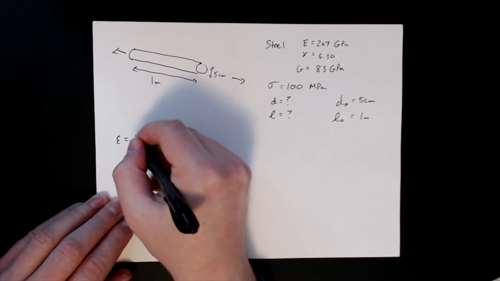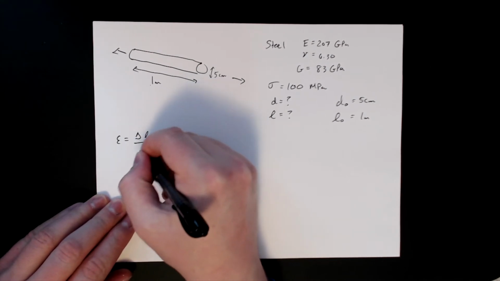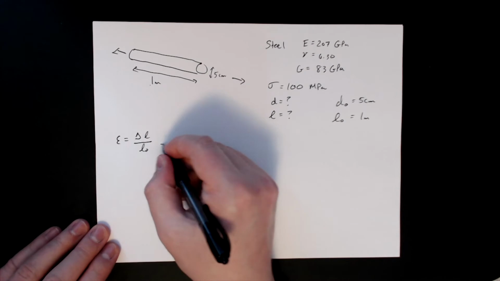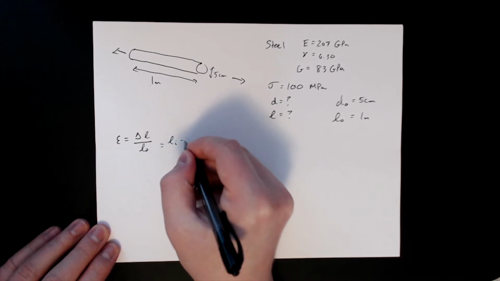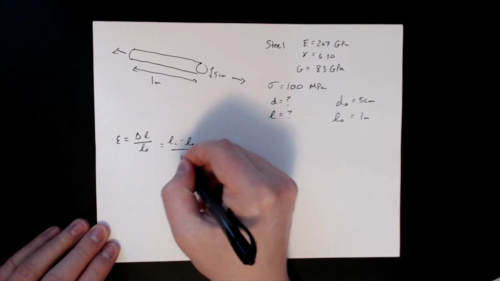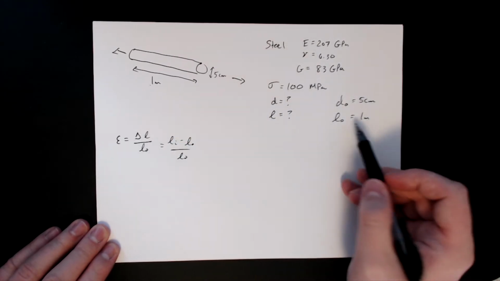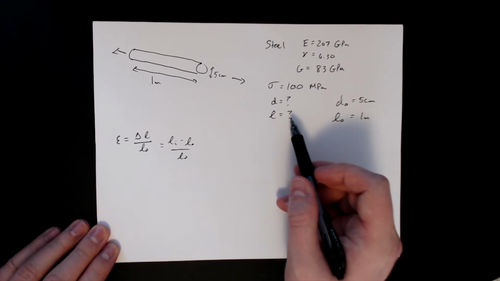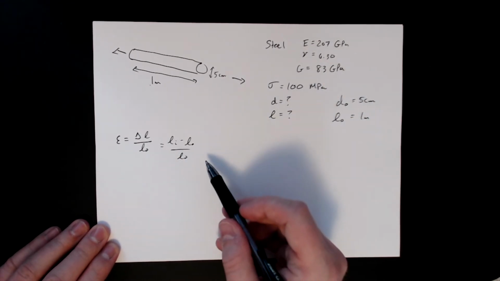Strain is equal to the change in length over the initial length. And so we can get our instantaneous length because that's what we have here, right? So we can get this, and that's going to be what we have right here. So if we can get strain, we can calculate that. However, we don't have strain directly, right?